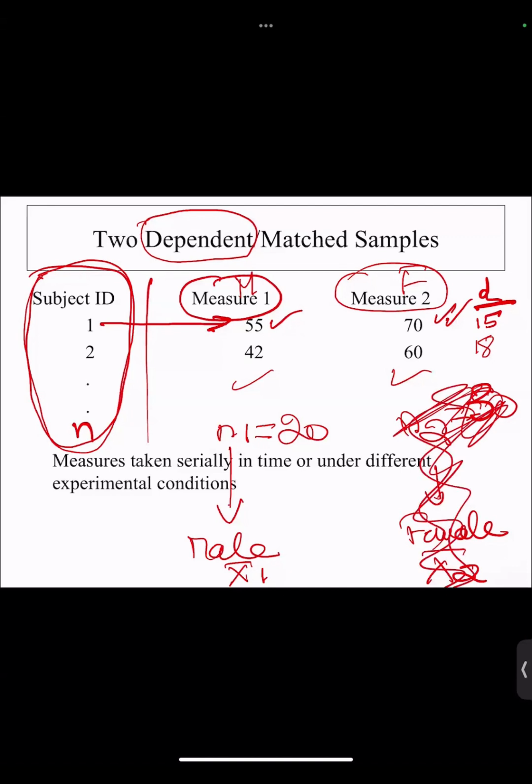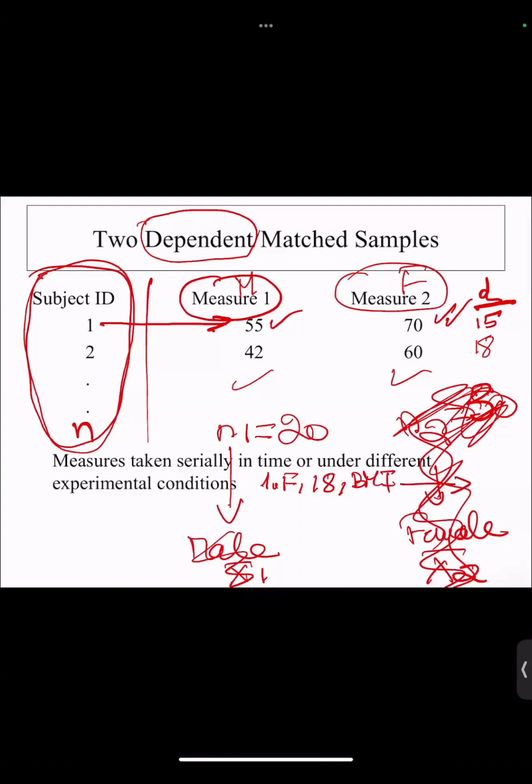Now, if I take 20 people from the pool, from your class, the first person is Nisreen, female, 18 years old, and I want to compare.